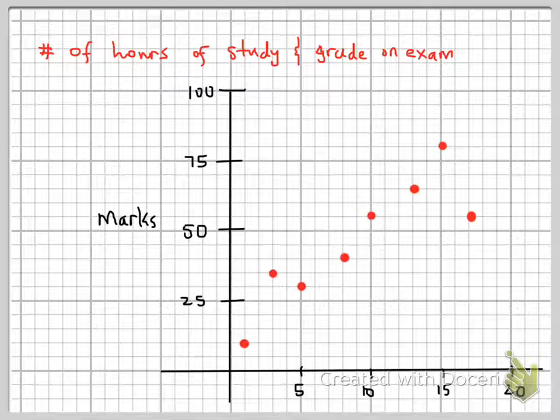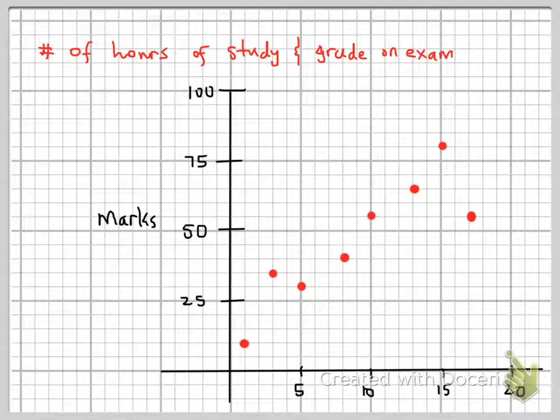And you can see that the more you go to the right, the points are getting higher and higher. If you read that graph, the very first point on the bottom left represents a person who studied only 1 hour for the exam. Look at their mark. They earn like 10%, right? And then there's somebody who studied for 3 hours. Their mark is 35%, and so on. Okay, so this is a scatter plot.